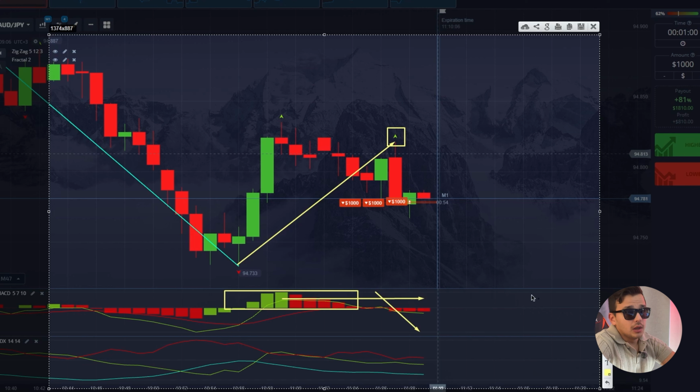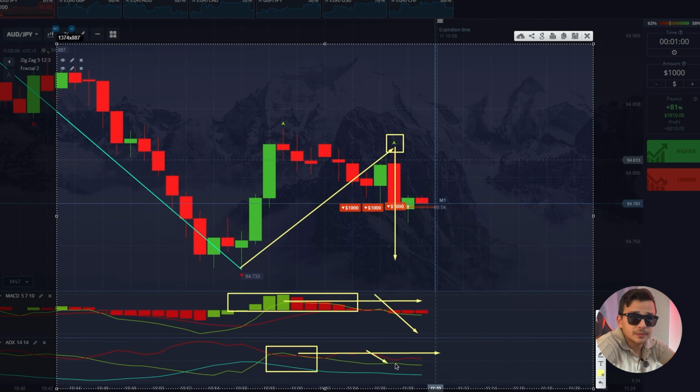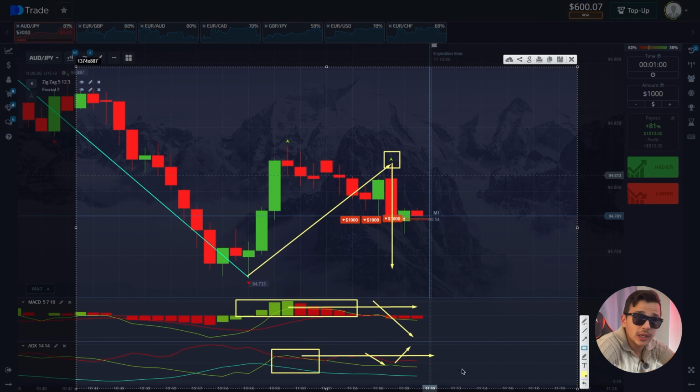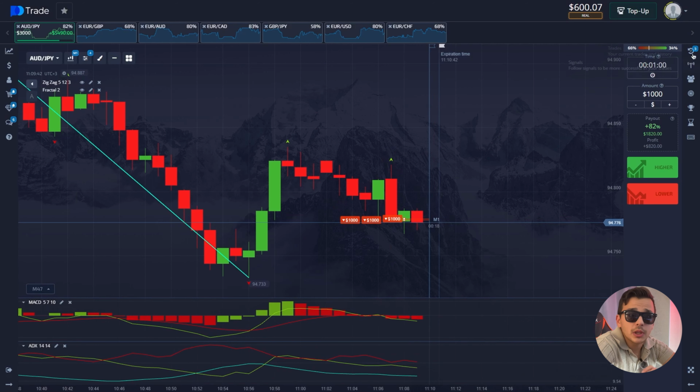Also, on the moving ADX, we are moving down again. The minus moving average is going up, and ADX shows weak price movement. So here it is also better to open on the trend.